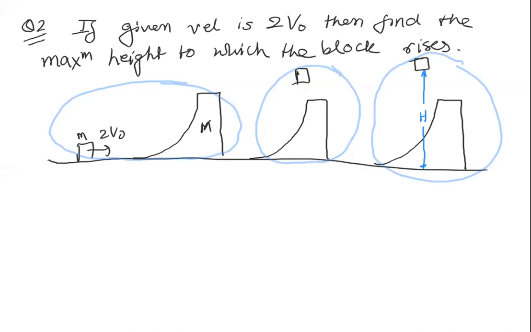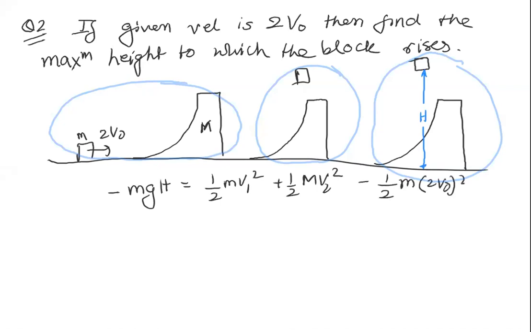So therefore, I'm going to apply now the work energy theorem, which will give me minus mgh is equal to the final kinetic energy minus the initial kinetic energy. Now, what is this V1 and what is this V2?